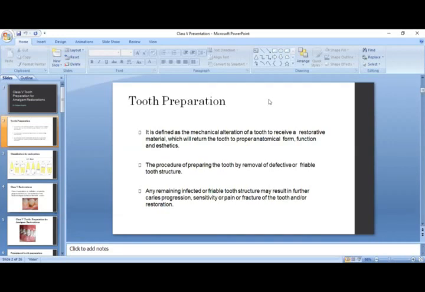Secondly, for any kind of tooth preparation, for any restoration, regardless of the restorative material you are using, or the extent of the caries region, or any kind of restoration you are supposed to put on the tooth structure, the defective tooth structure should be removed.